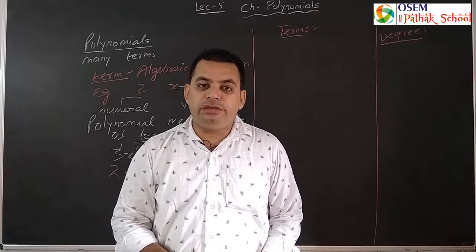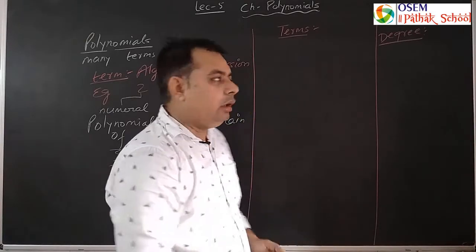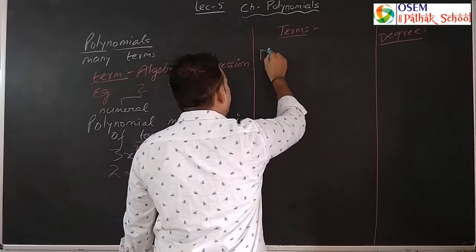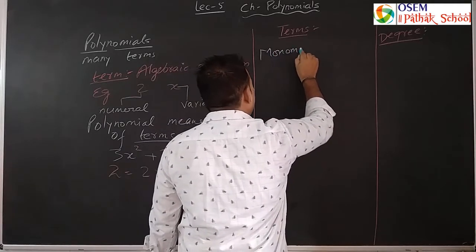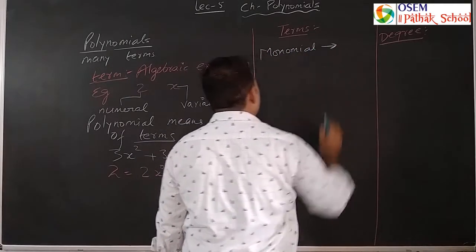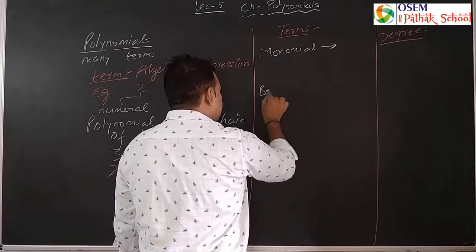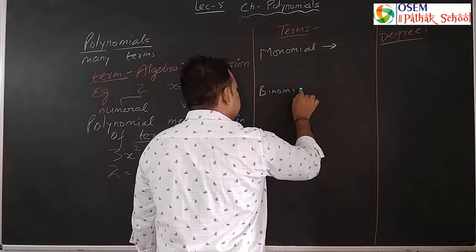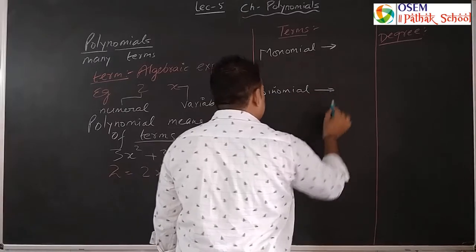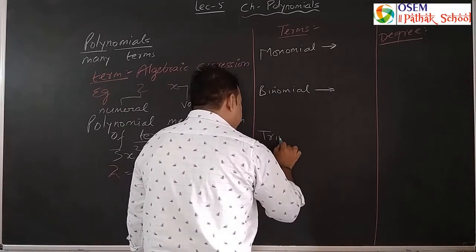In terms of number of terms, first is monomial, second is binomial, and trinomial.